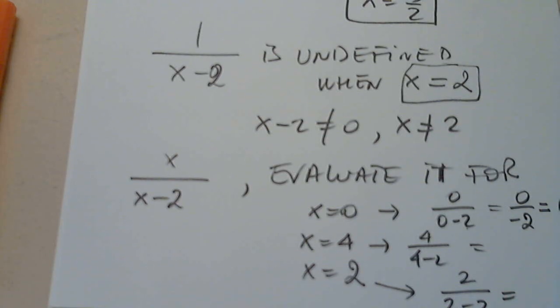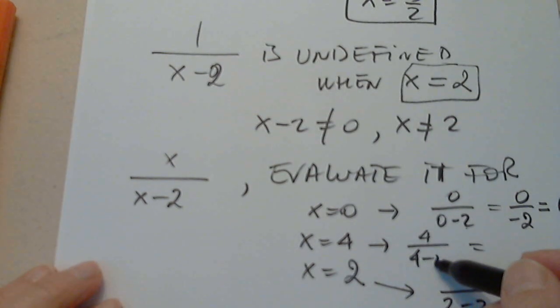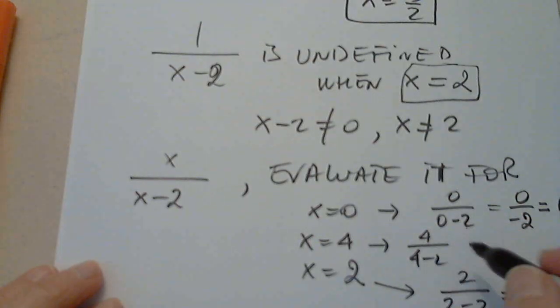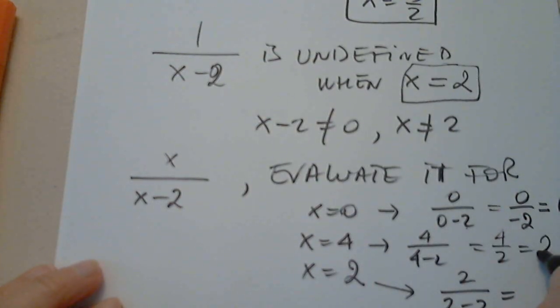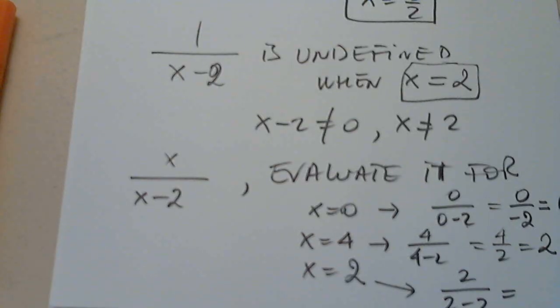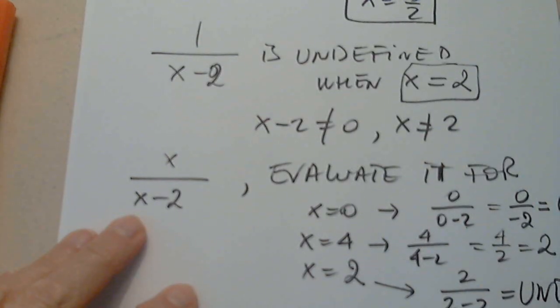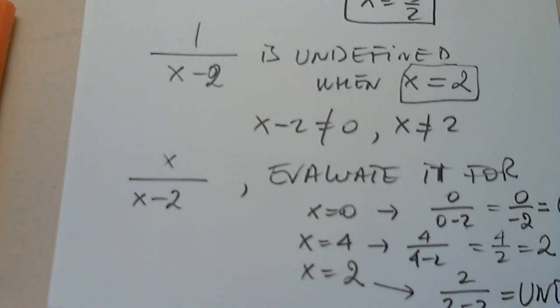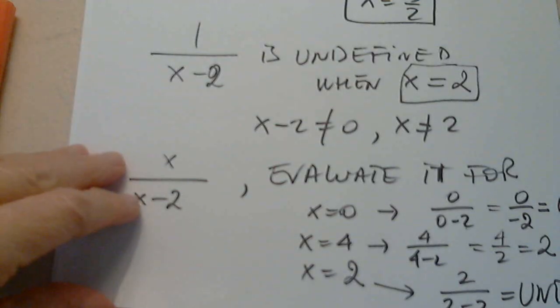What about the second one? 2? Yes. 4 divided by 4 minus 2. Please do not simplify terms. 4 divided by 2 is indeed 2. Perfect. What about the last one? That one's undefined. Yes, can't be on the bottom. Exactly. That is undefined because it's 2 over 0. Excellent. Very good. That's how we evaluate. Do we need more examples on evaluating? Please say yes or no.